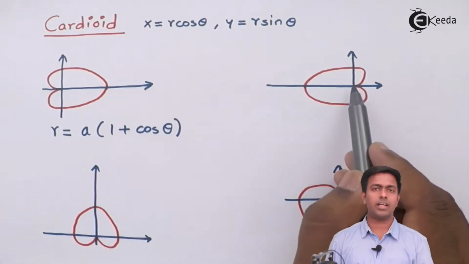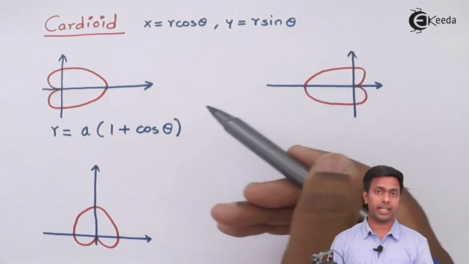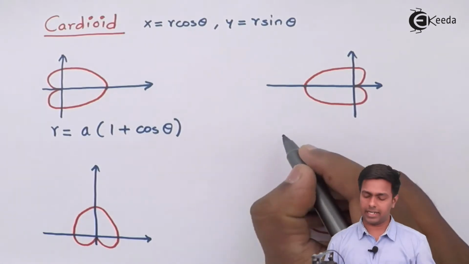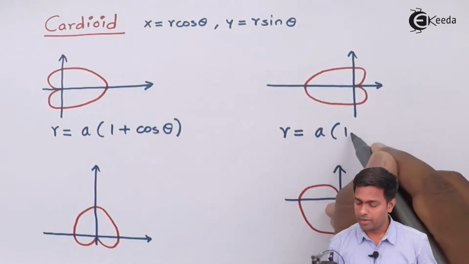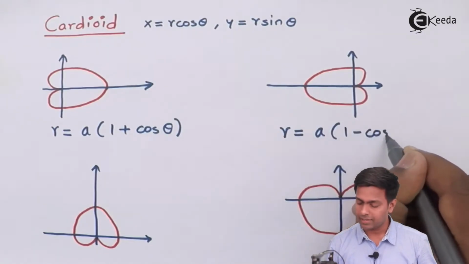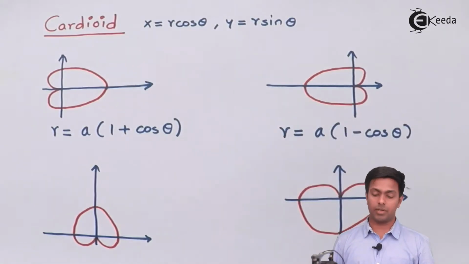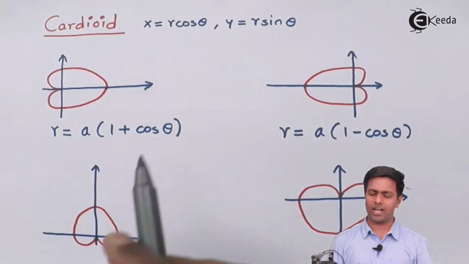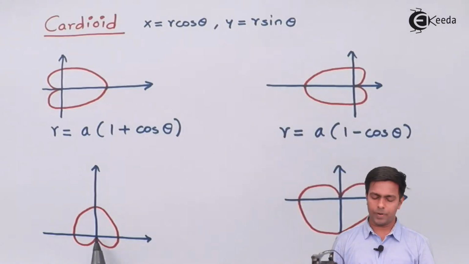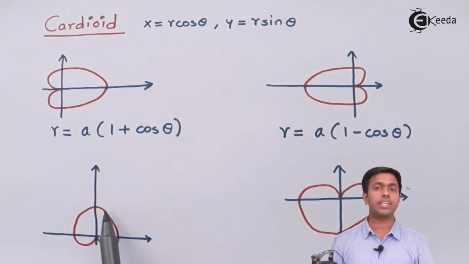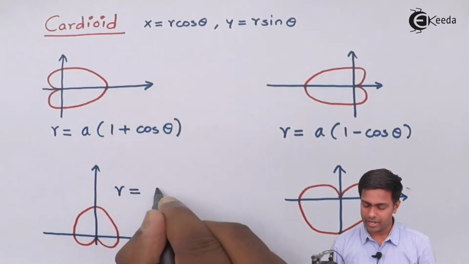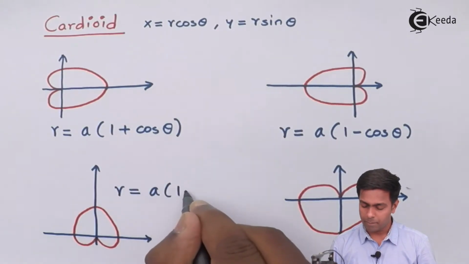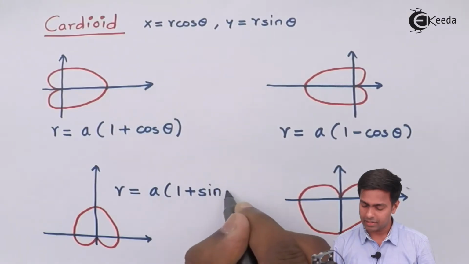Similarly, this one is on the x-axis but towards the negative side, so you have to remember r equals a into 1 minus cos theta. About this curve, it is opening on the y-axis. Now y is sin theta and it is opening towards the positive side of the y-axis, so r equals a into 1 plus sin theta.